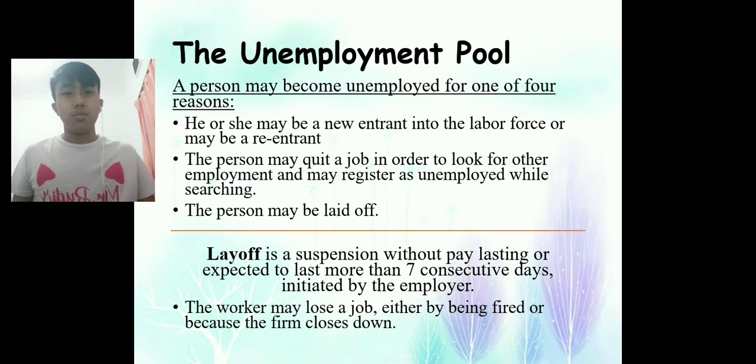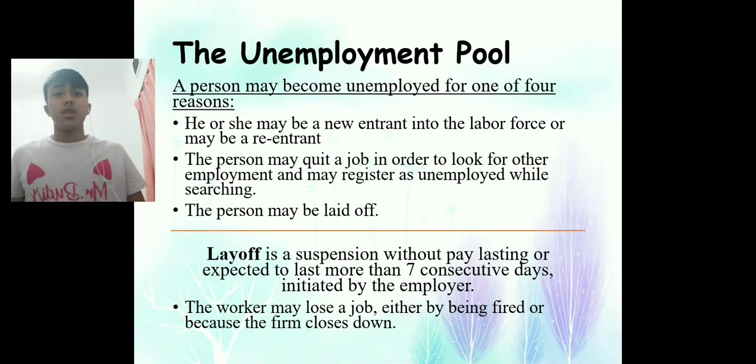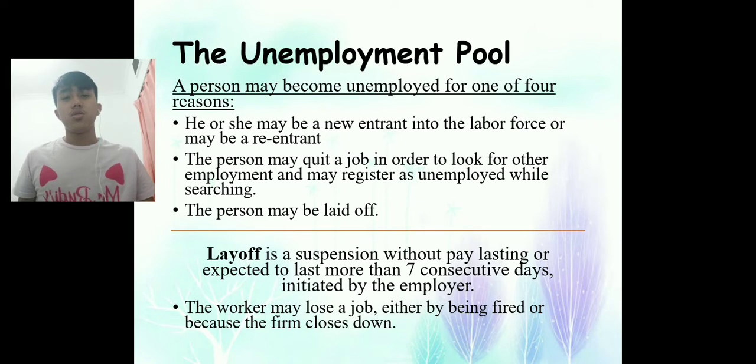Next, the person may quit a job in order to look for other employment and may register as unemployed while searching. Then the last one, the person may be laid off. Layoff means suspension without pay, lasting or expected to last more than 7 consecutive days, initiated by the employer without prejudice, of course.